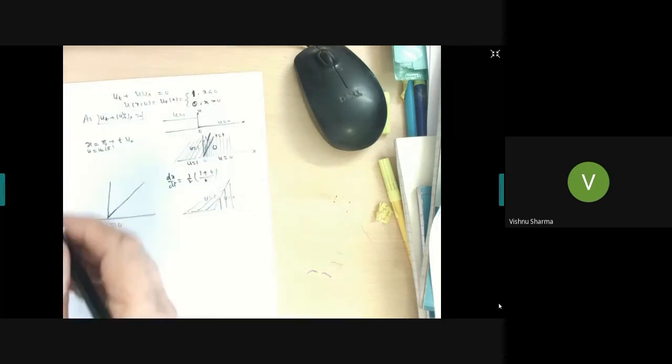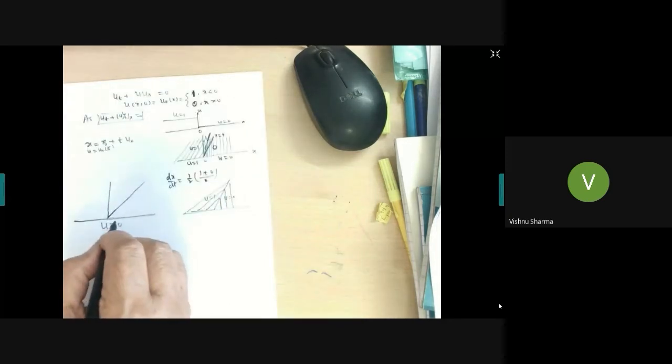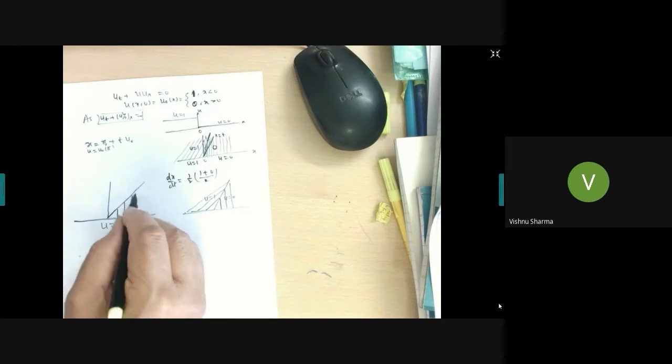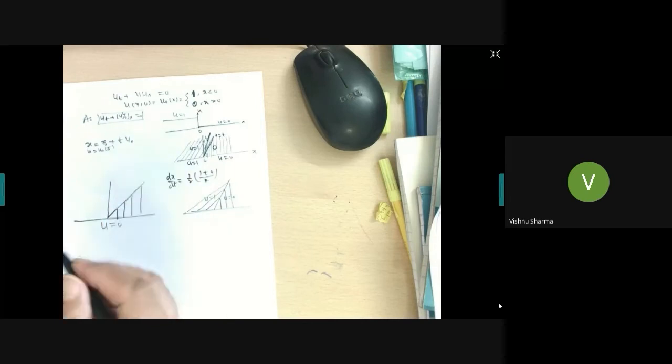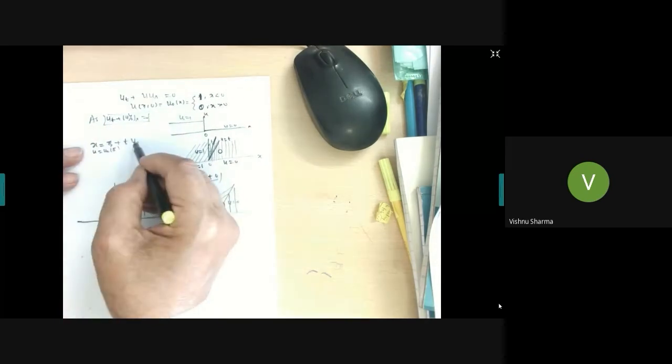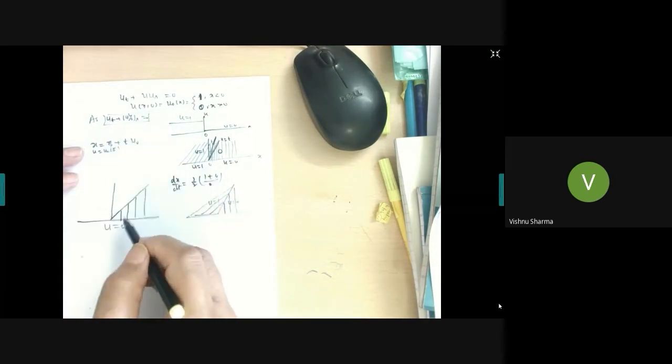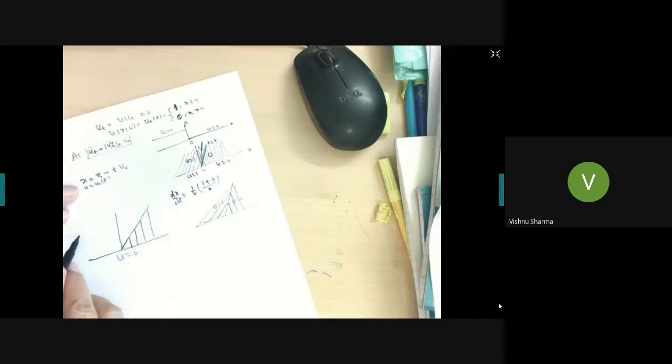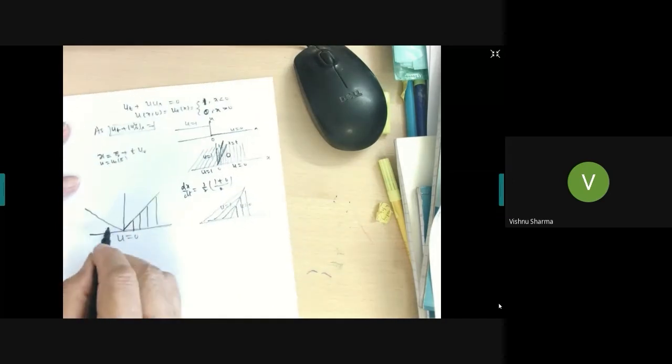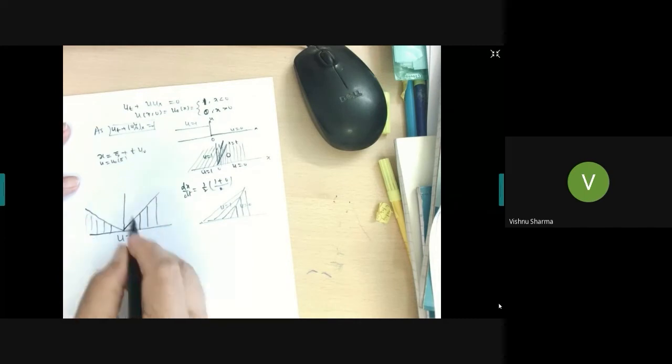That is the requirement. So obviously the characteristics will emanate from here. These are the vertical lines, because when u is equal to 0, x is equal to xi. The characteristics are vertical. Here also u is equal to 0, so the characteristics are vertical. They will take this information into the region.